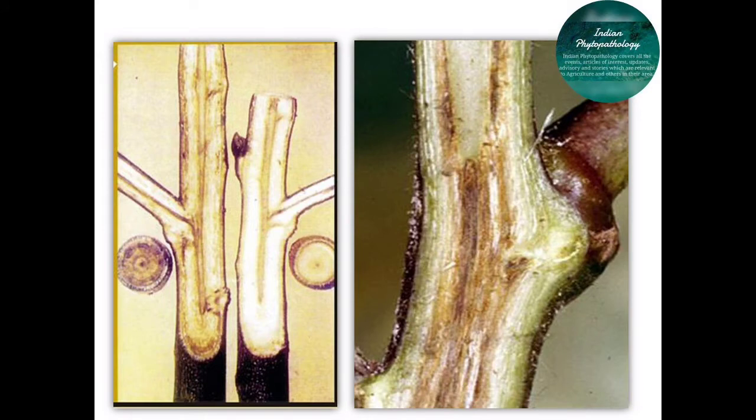These are major symptoms. Browning or blackening of vascular tissues is the other important symptom of this Fusarium wilt. You can easily identify the Fusarium infection by taking a cut into the stem. You will see a blackening of vascular tissues.